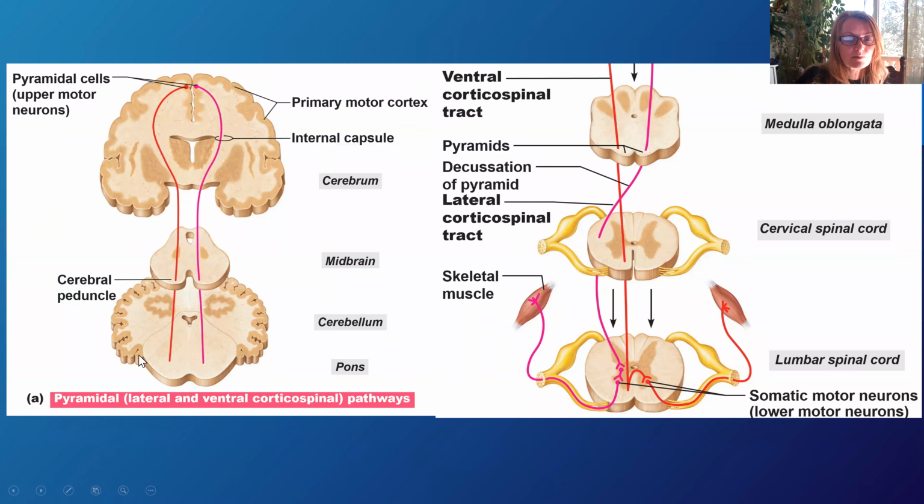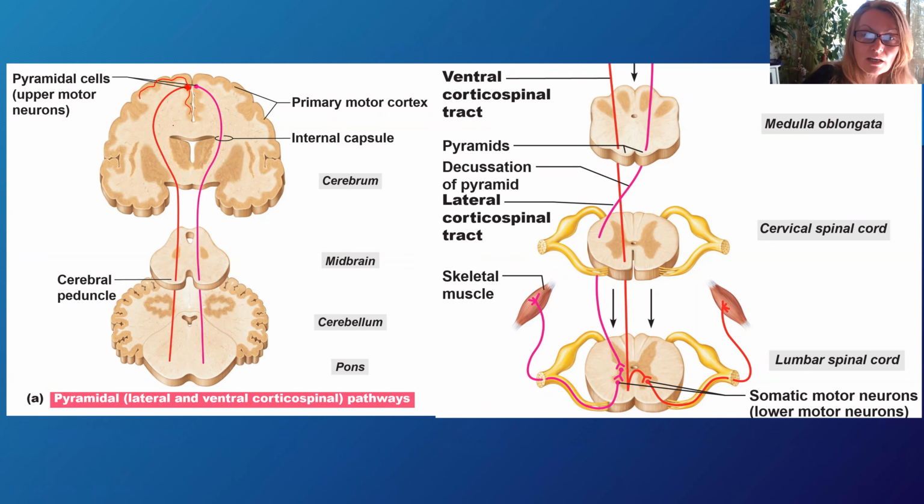Now, here's my pyramidal tract. So now I want to move my muscles. I already received my sensory information. So I have my motor neuron whose body is in the cerebral cortex. You see the body is in the cerebral cortex, and the axon goes all the way down.